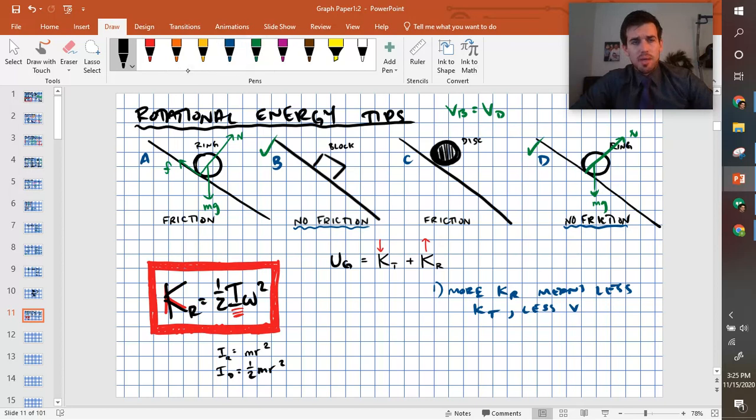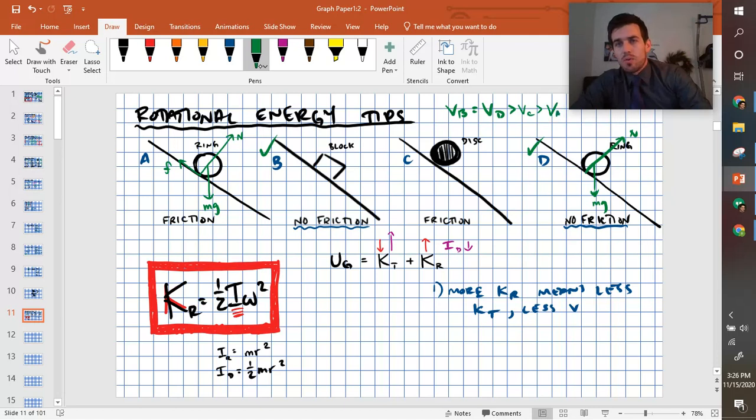So the rotational inertia of a disk is smaller. Therefore, it would have more translational kinetic energy because less of the energy is going into the rotational kinetic energy. So based on that, the disk ends up going faster at the end, and the ring will be the one that gets to the bottom the slowest.